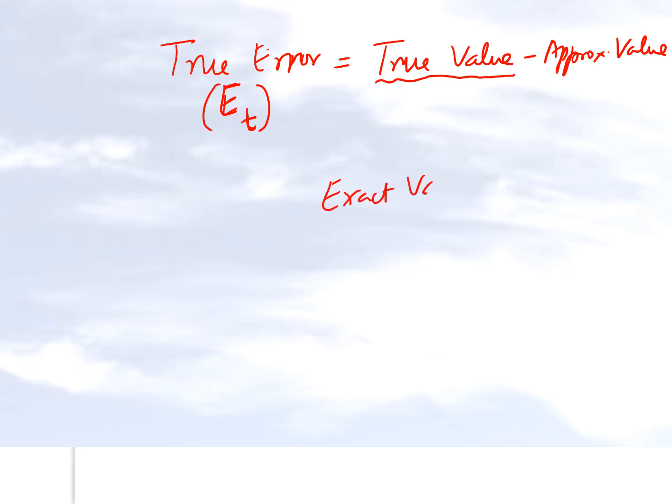That means exactly the same thing. So whether it's a true value or exact value, it means the same thing. It's just the difference between the exact value and the approximate value you get from our numerical methods. That's the definition of true error, as simple as that. In the next slide, we will look at an example to see how we can calculate a true error.